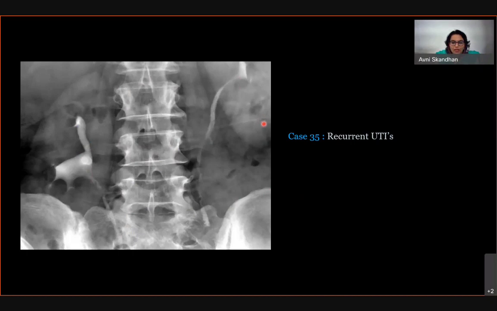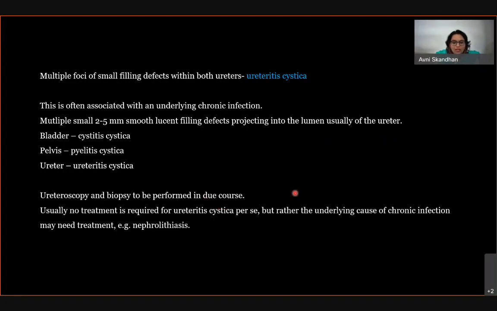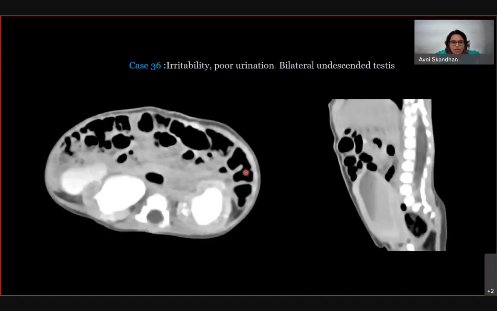The kidneys are in the place. I'm not sure if it's projecting too well on your screens. You can see these small things here, small defects all around the places. Yes, this is ureteritis cystica, which is submucosal small 3 to 5 mm structures that you'll see.